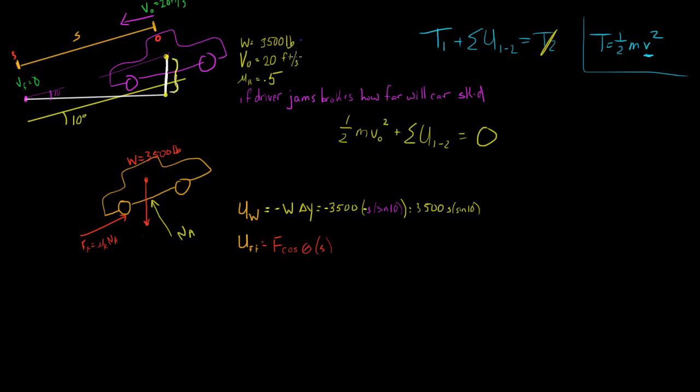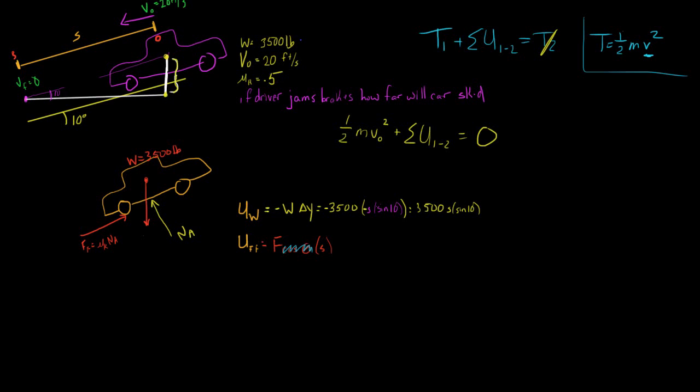Now, this frictional force is completely in the opposite direction of the motion. So this cosine of theta right here goes away because it's not a frictional force that's projected on an angle or anything. The frictional force is just in the opposite direction of motion.